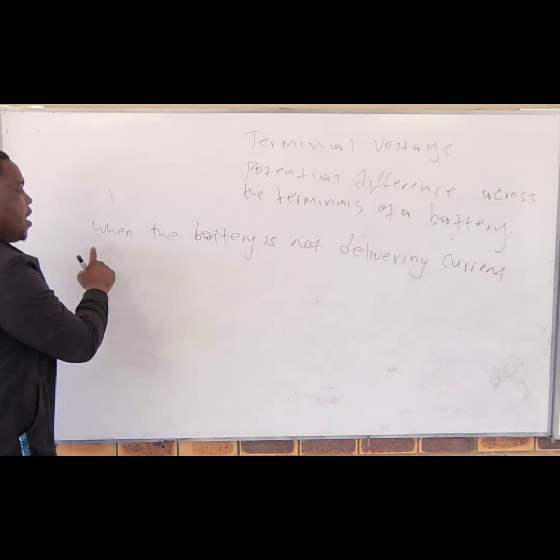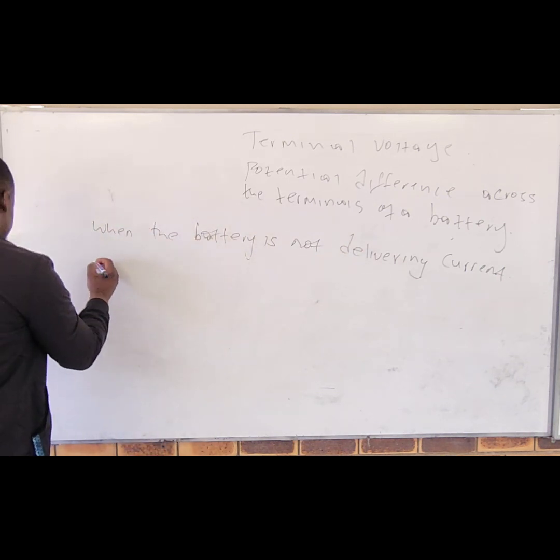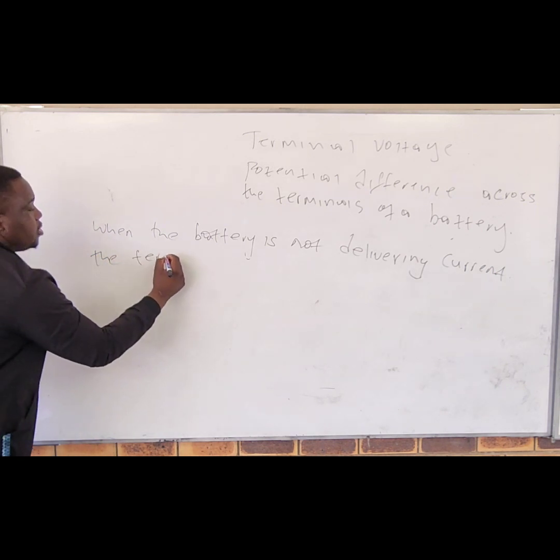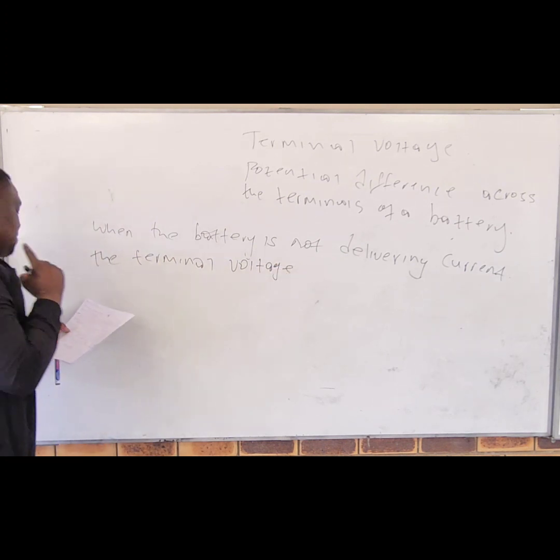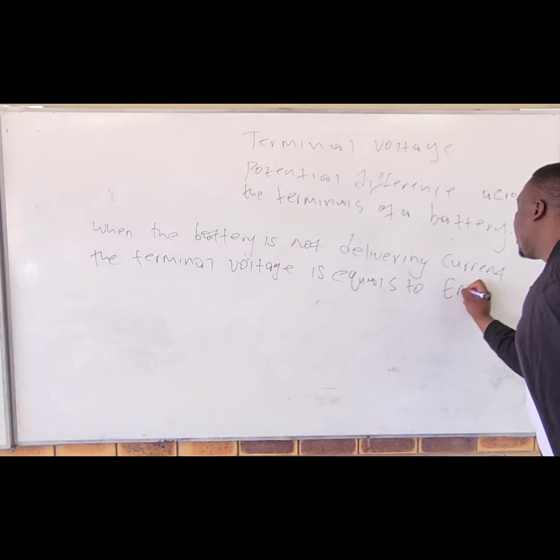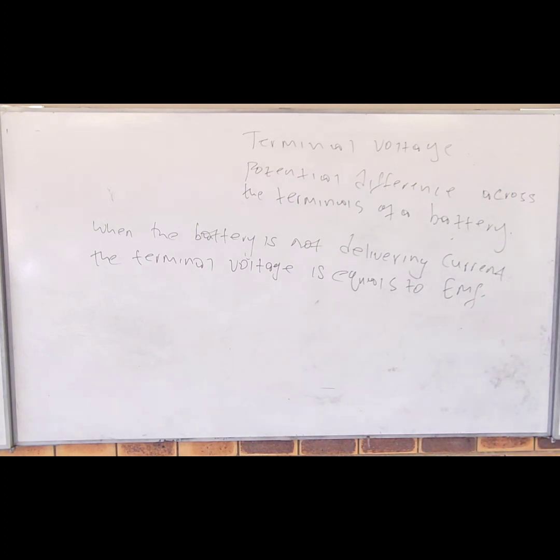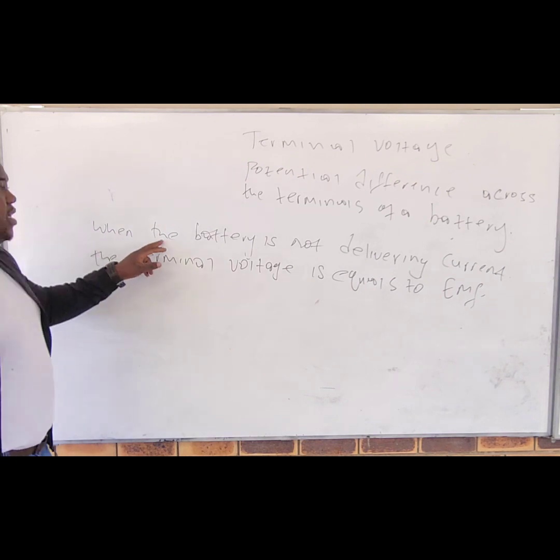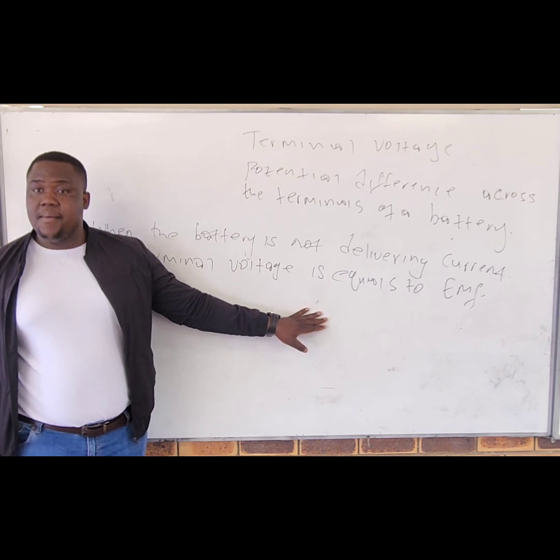You who are watching, I wrote: when the battery is not delivering current, the terminal voltage is equal to EMF. Okay. I'm saying that when the battery is not delivering current, the terminal voltage is equal to the EMF.